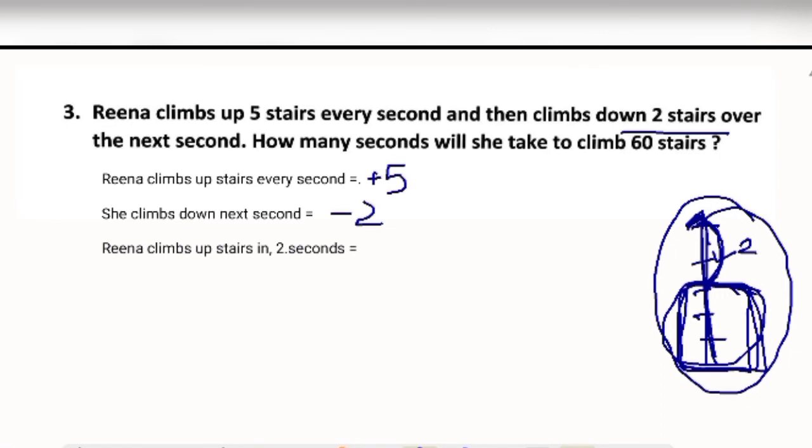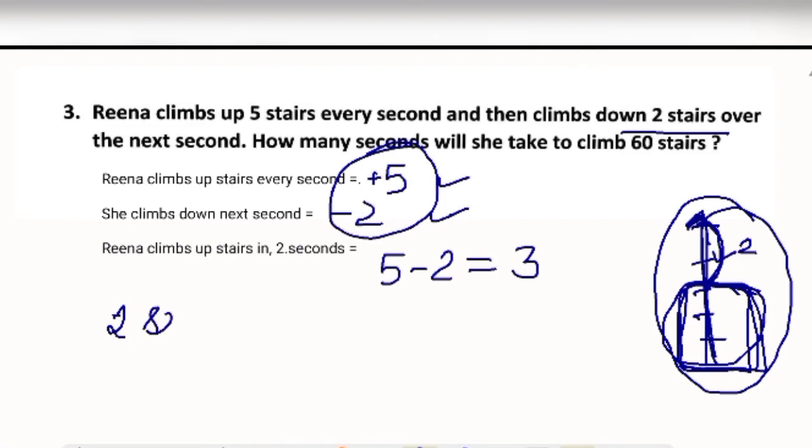Now Reena climbs upstairs in 2 seconds. In the first second she climbs up this much, in the second second she climbs down this much. So total stairs covered in 2 seconds will be 5 minus 2. We will add these two numbers. So this is 3. So in 2 seconds, Reena climbs up 3 stairs.